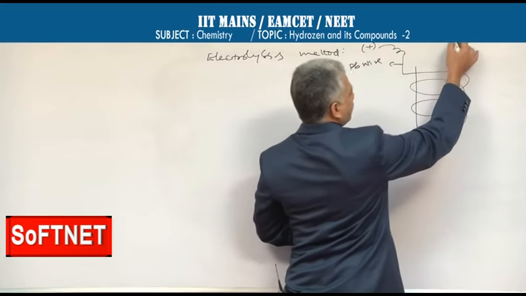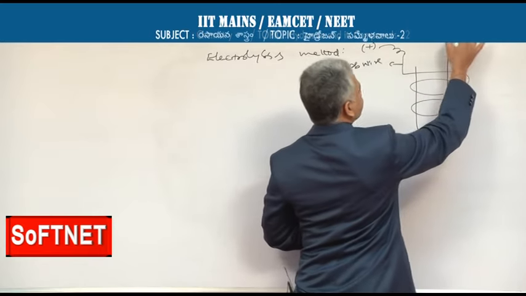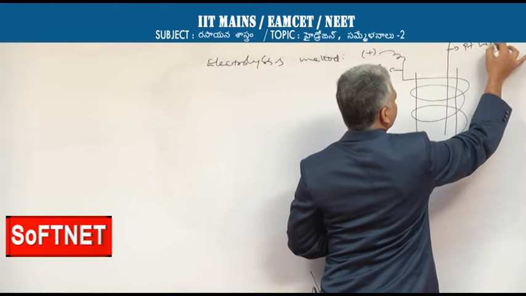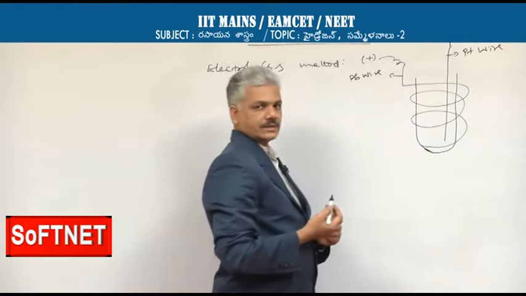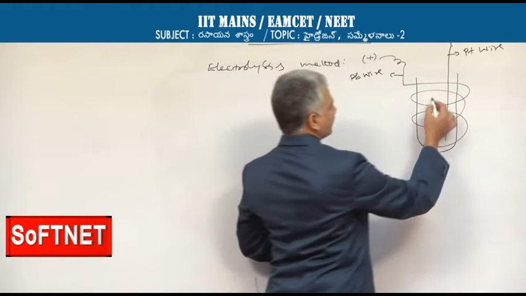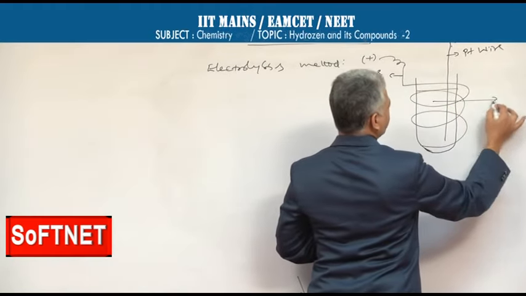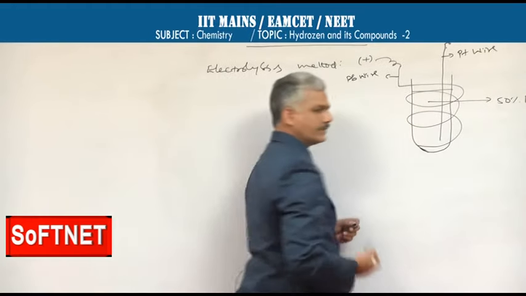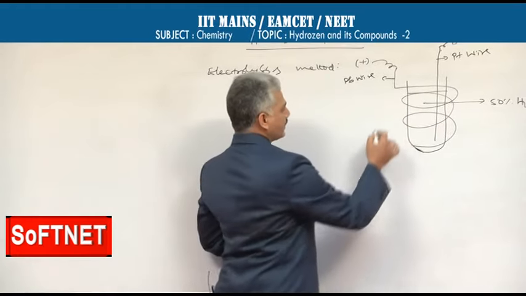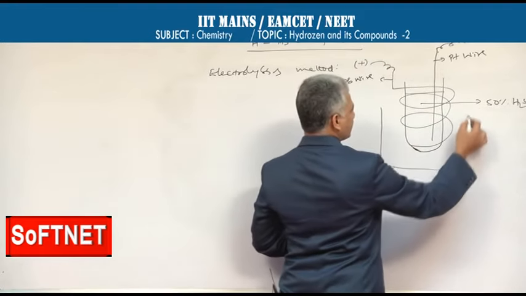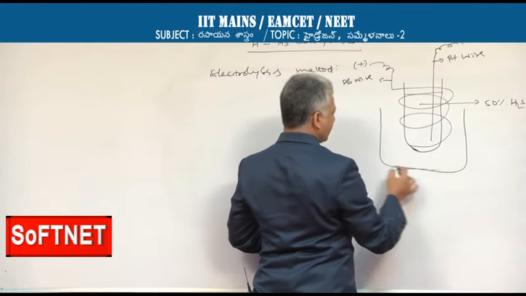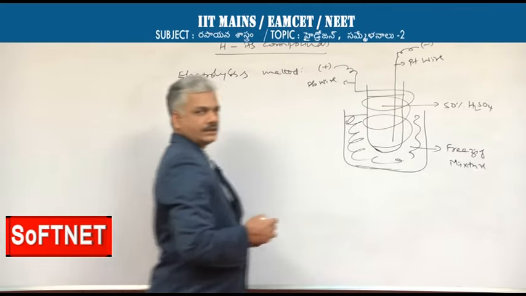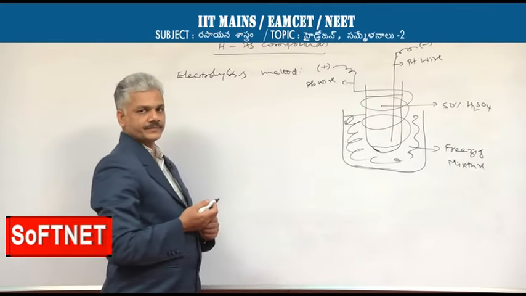A platinum wire is placed inside that acts as a cathode. In this hard glass tube, 50% concentrated sulfuric acid solution will be taken. The acid solution is kept in a freezing mixture, and then current is passed.